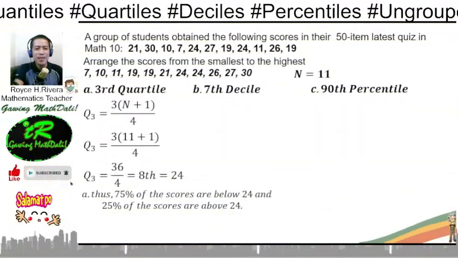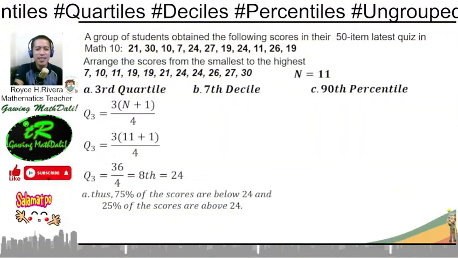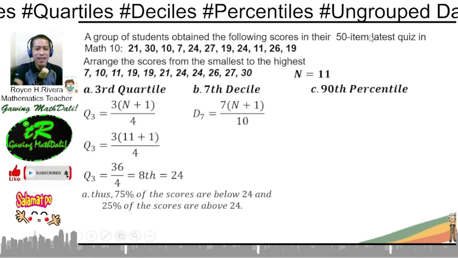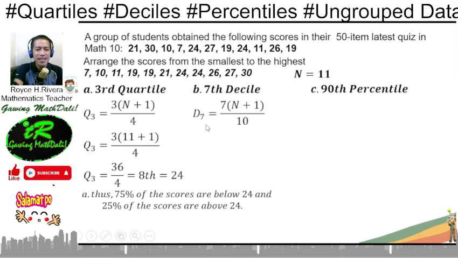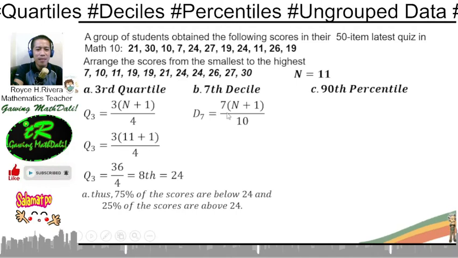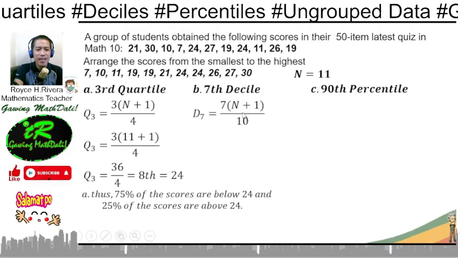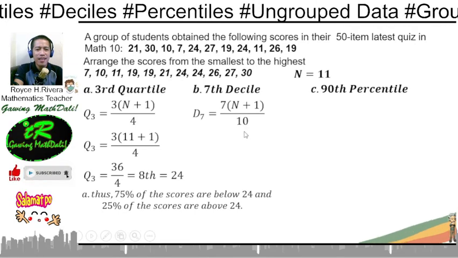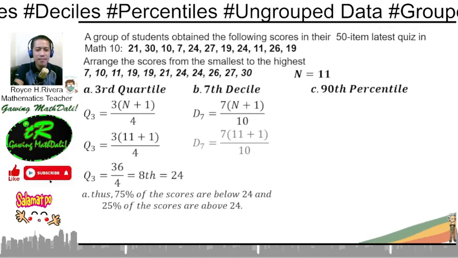Ngayon ay gawin naman natin ang letter B, 7th decile. The formula, we have decile 7 is equal to 7 times the quantity n plus 1 all over 10. And n is equal to 11.